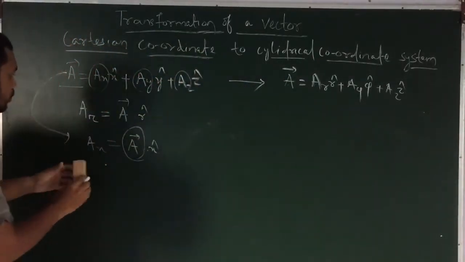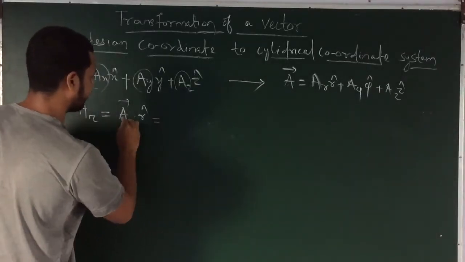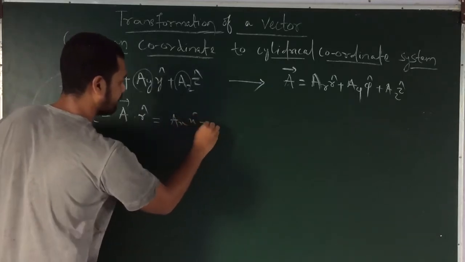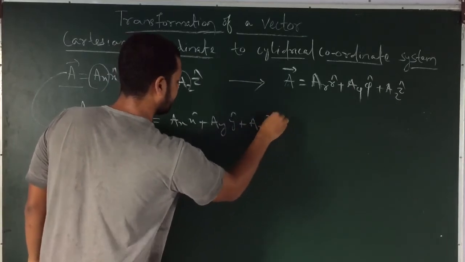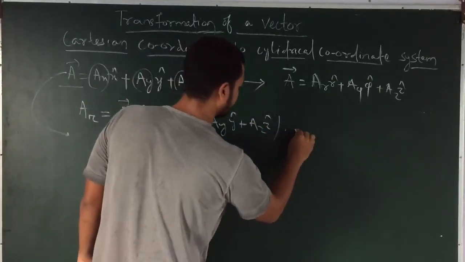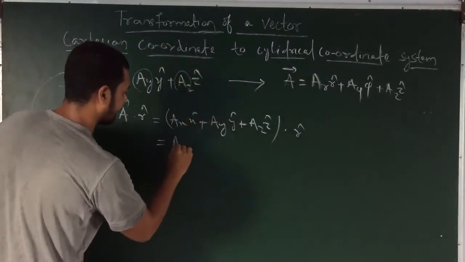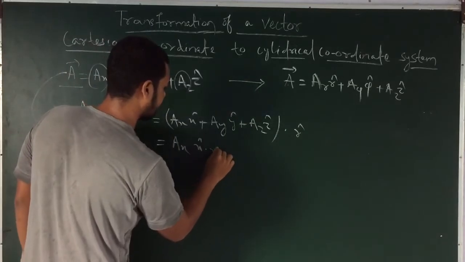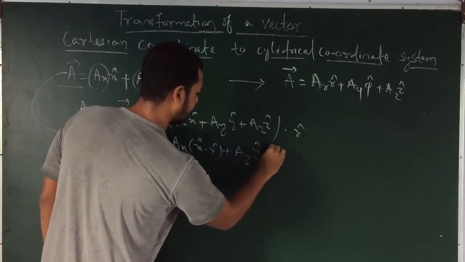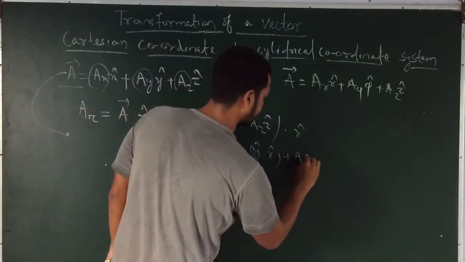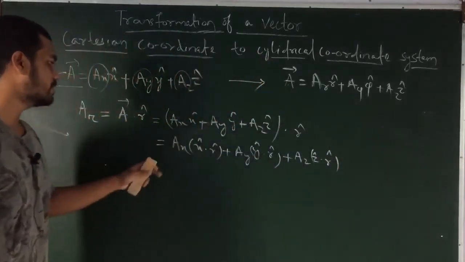So my vector A is of the form Ax x cap plus Ay y cap plus Az z cap, dot r cap. From this I will get Ax x cap dot r cap plus Ay y cap dot r cap plus Az z cap dot r cap. This is very simple.